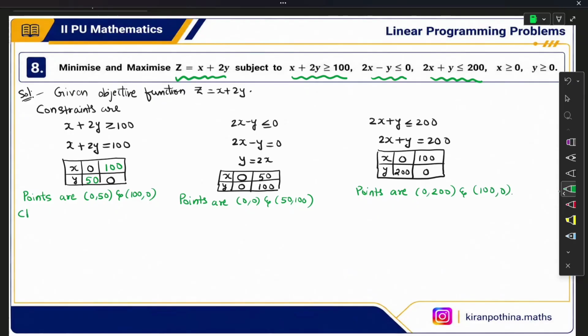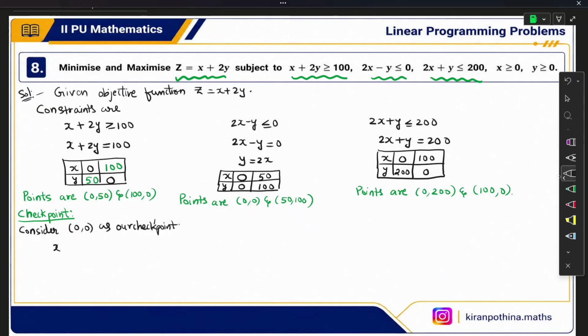Next is checkpoint. We need to do checkpoint for all the cases. For the checkpoint, what we need to do? Consider 0 comma 0 as our checkpoint. Now where do we need to substitute that 0 comma 0?